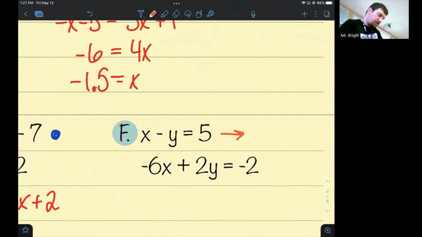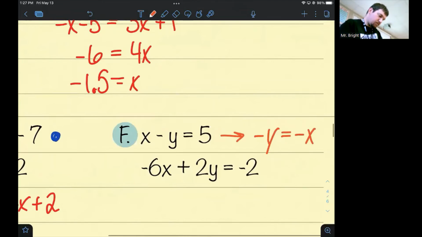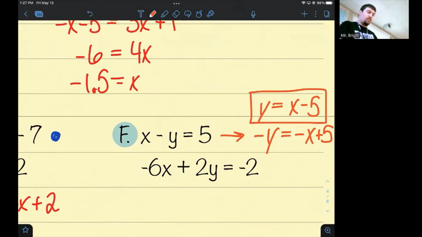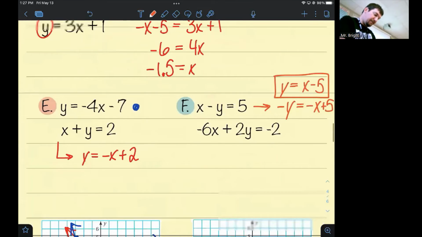Move x and all the other sides over, so it would be y equals x minus 5. Okay, so by moving the x over to the other side, it doesn't get rid of the minus sign that's with the y. That minus sign's a negative sign, so we don't want negative y. So Maddox is saying times everything by -1 to make it y equals positive x minus 5. Okay, awesome. So we have one equation done, y equals positive x minus 5.